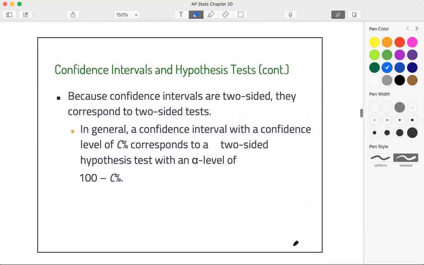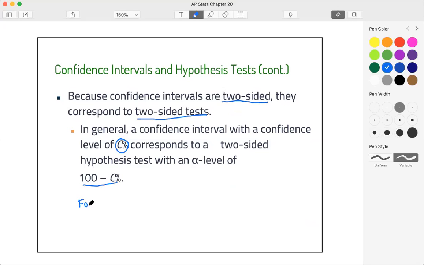Now, because confidence intervals are always two-sided, they directly correspond to two-sided tests. There's no conversion factor. So in general, a confidence level of C percent corresponds to an alpha level of 100 minus C percent.